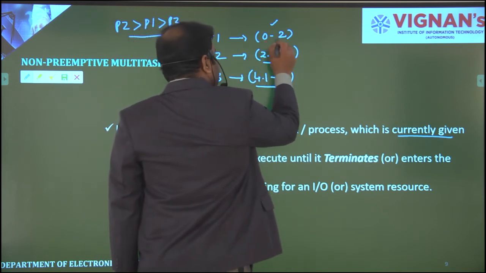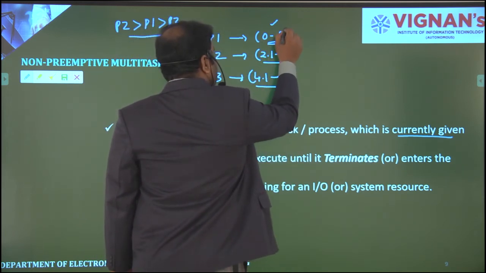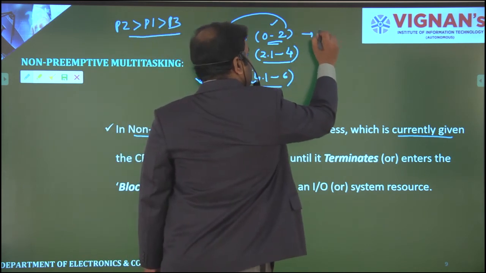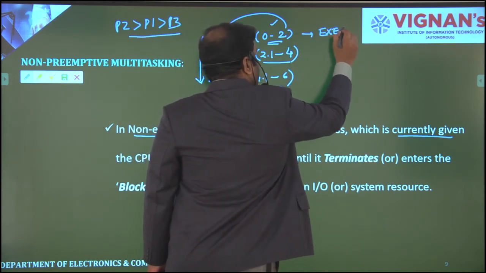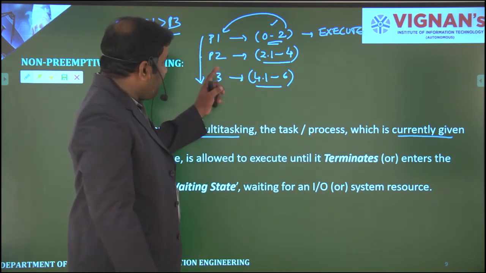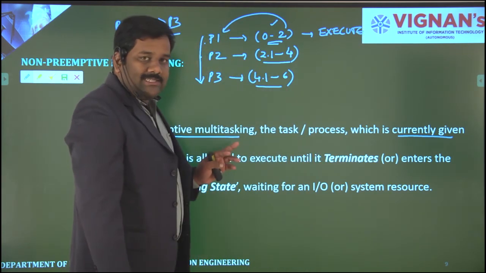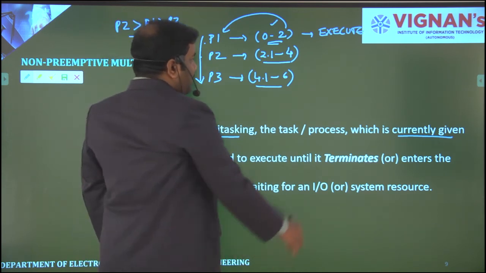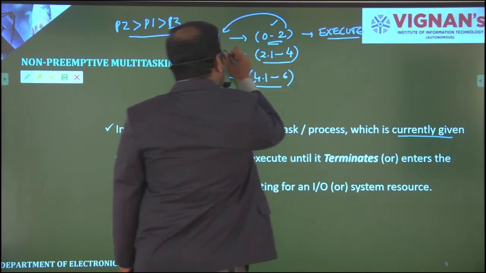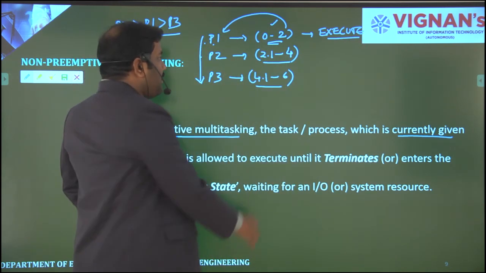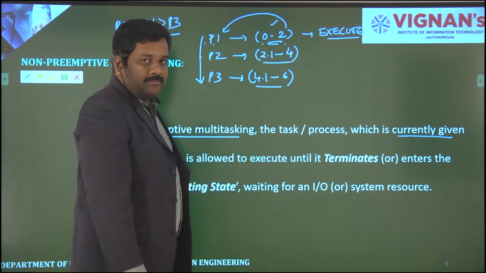Simply, first, what is the starting time? What is the assigned task in this particular duration? P1 has to execute. So it won't bother about any other priorities. Initially in that time slot P1 has to execute. That is the task or assignment that I have given to this kernel. Then obviously it will execute only P1. It won't allow any other process to execute in this time slot.